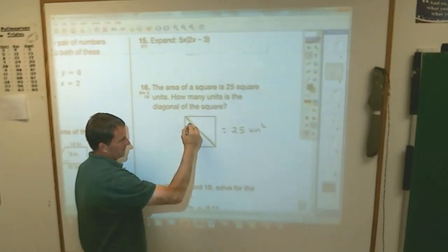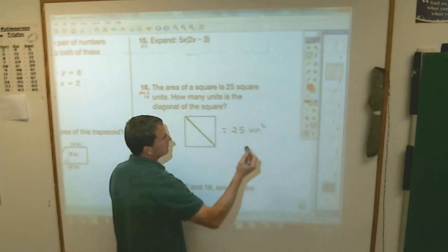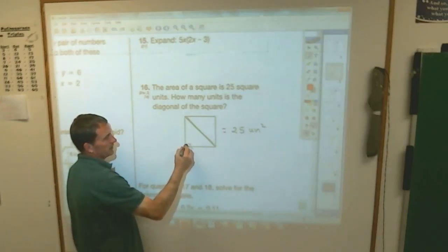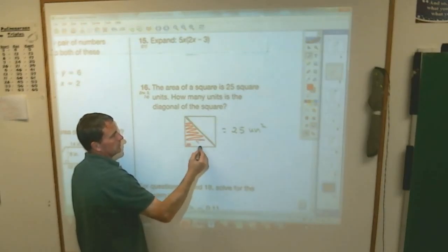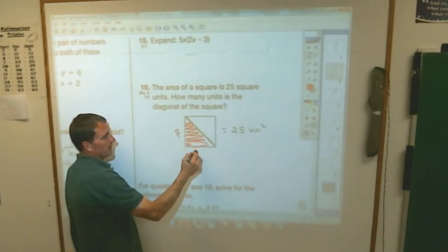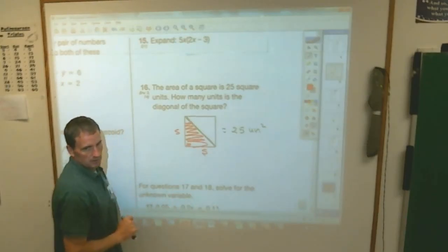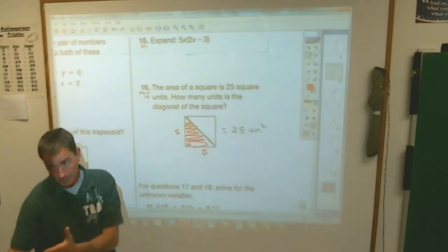How am I going to find the length of that diagonal? Grace? Right, this is a right triangle, as is this one up here. You are going to use the Pythagorean Theorem because you can figure out how long the sides are. If it's a square with an area of 25, each side has to be 5.